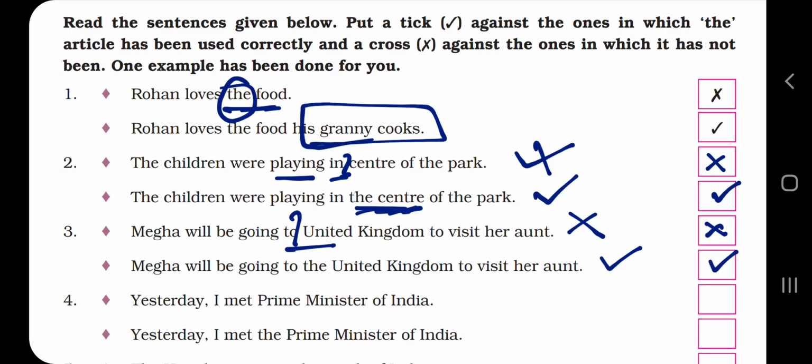Now yesterday I met the Prime Minister, a unique person. Prime Minister is a unique person. So this is wrong. Yesterday I met the Prime Minister. This is right.